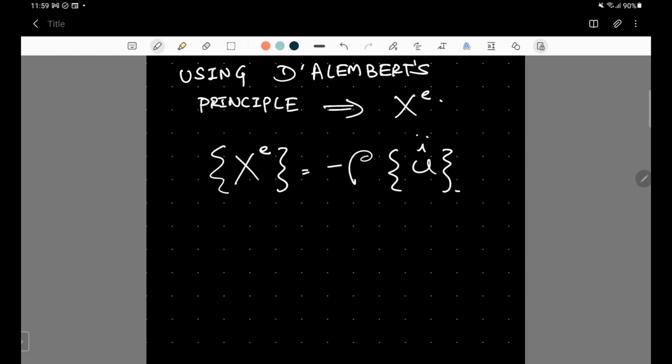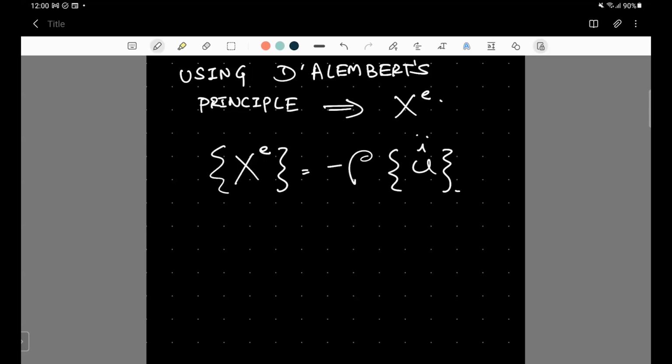So here the minus sign is due to the fact that the acceleration produces D'Alembert's body forces in the direction opposite the acceleration.